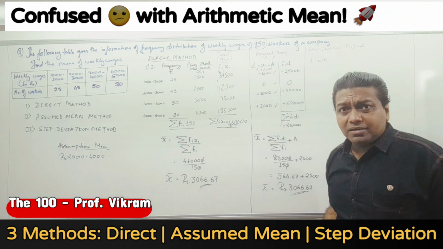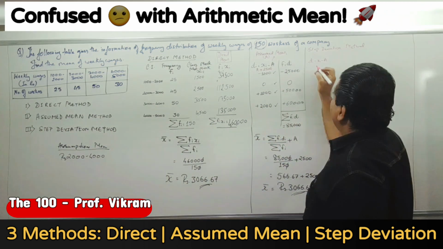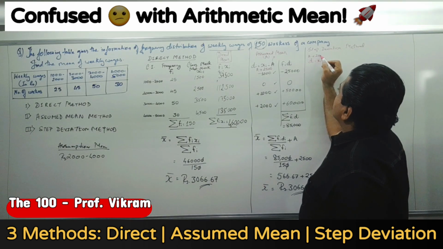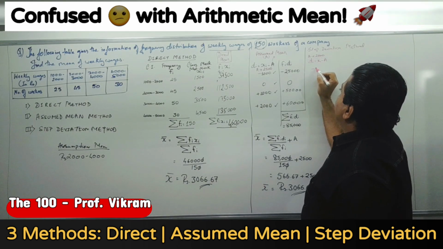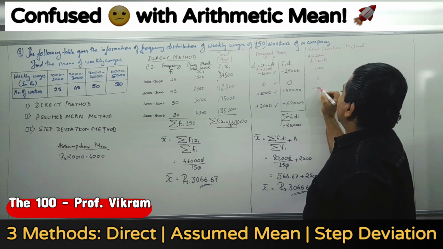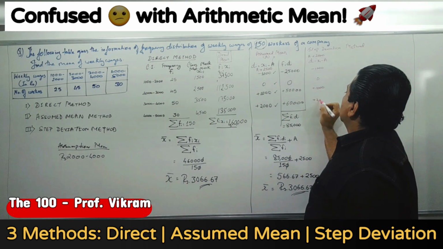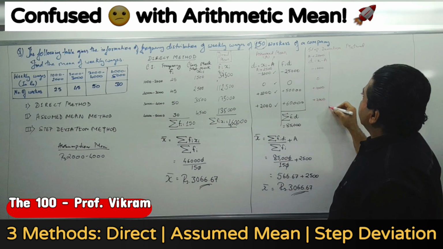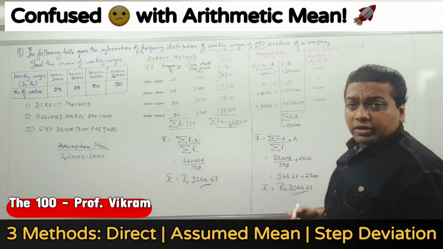I am writing it in pink because we already have that value, where I considered a as 2,500 and got the values minus 1,000, 0, plus 1,000 and plus 2,000. So this column is going to be there, but not Fi Di.